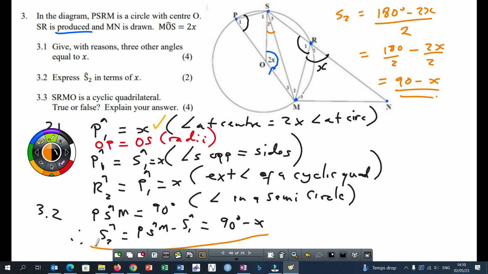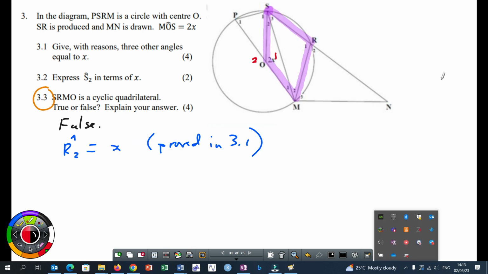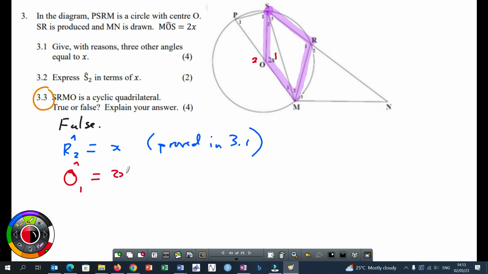Are you following? In a month's time, you'll be writing your geometry paper, right, with your trig, which you can do. So, I can write here, O1 is equal to 2x. Okay, this is given. Therefore, R2 is not equal to O1.